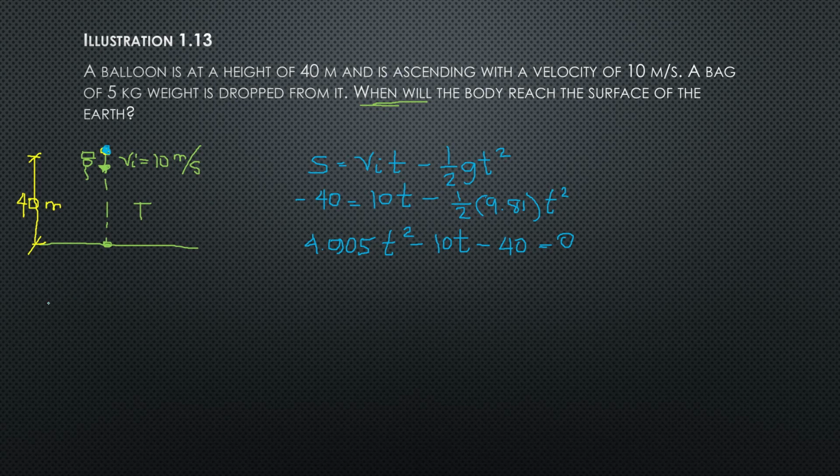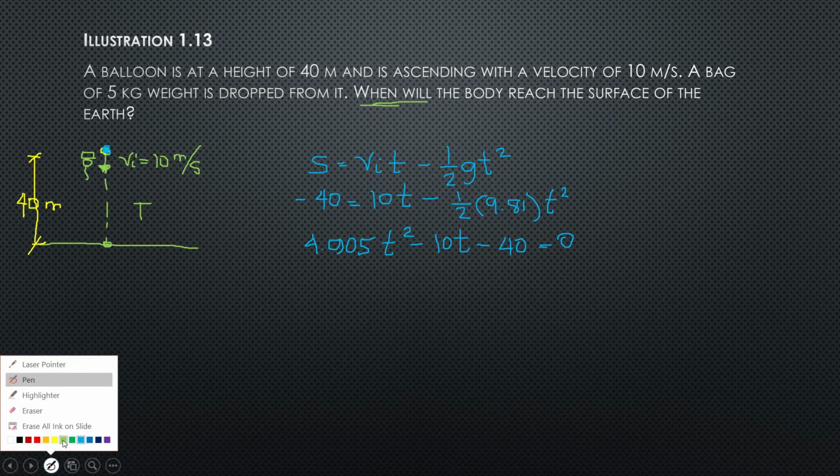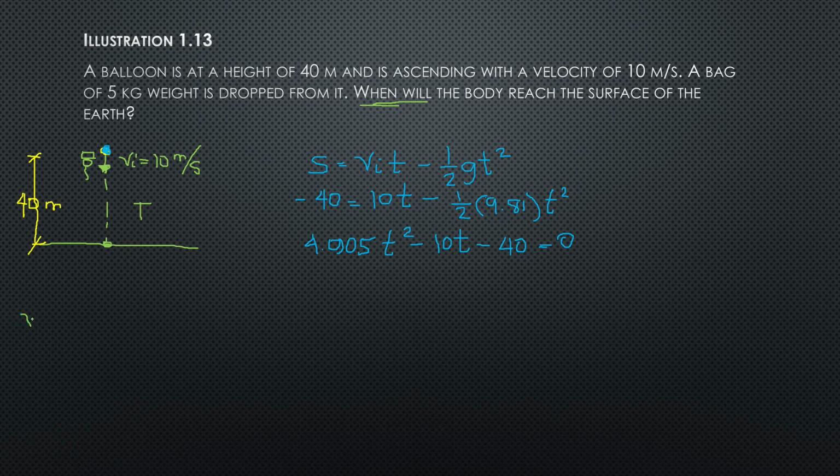So reminder, the quadratic formula is written as x is equivalent to negative of b plus or minus square root of b squared minus 4ac over 2a.